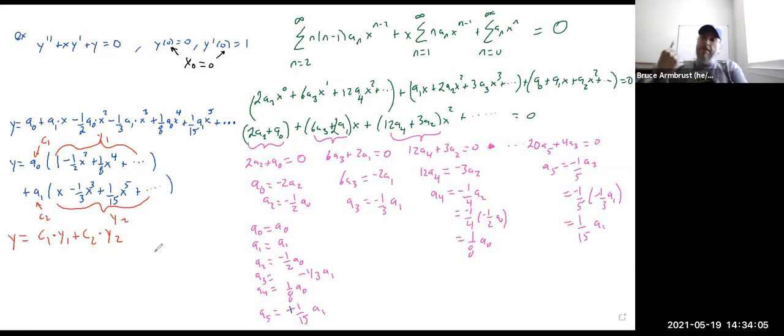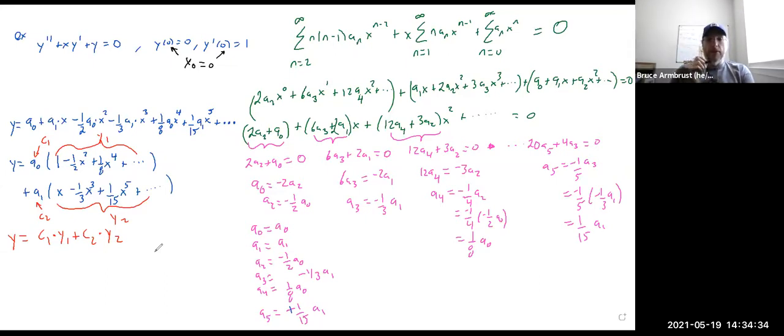So notice that even though we just started with a generic, hey, it's a power series, we still ended up getting exactly the same form. It's just these Y1 and Y2, we don't know what they are. Well, at least just looking at them right here right now. Sometimes we will. Sometimes we'll be able to look at them and go, oh, that's the power series for e to the x, or that's the power series for sine of x, or whatever it happens to be.